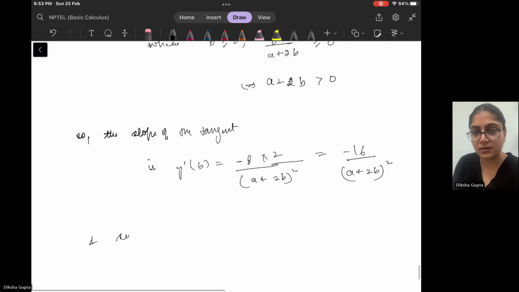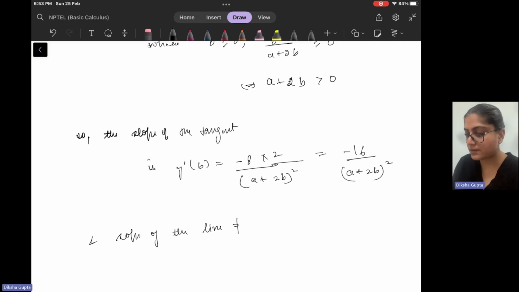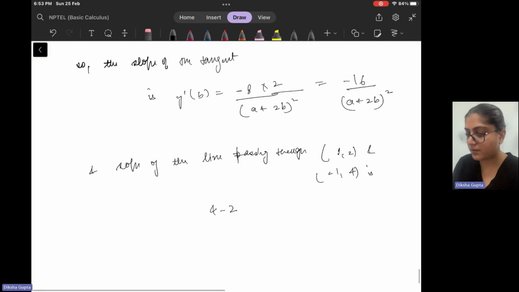And the slope of the line passing through (1, 2) and (-1, 4) is 4 minus 2 upon minus 1 minus 1. So it is 2 upon minus 2, equals minus 1.